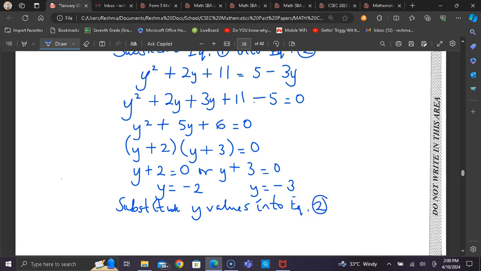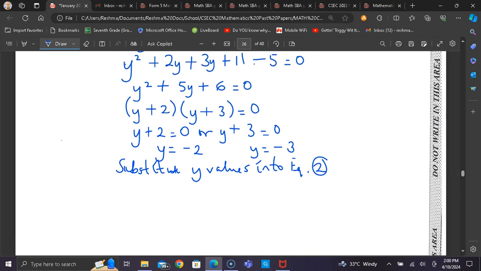The first x value will be equal to 5 minus 3 times negative 2, which is 5 plus, because minus on a minus gives a plus, and 3 by 2 is 6, so we get 11.